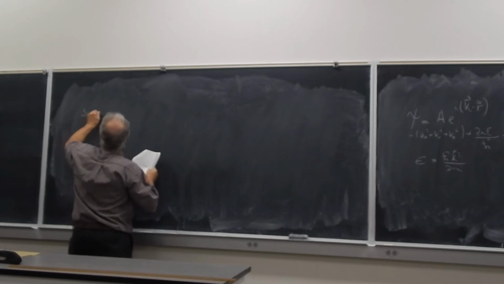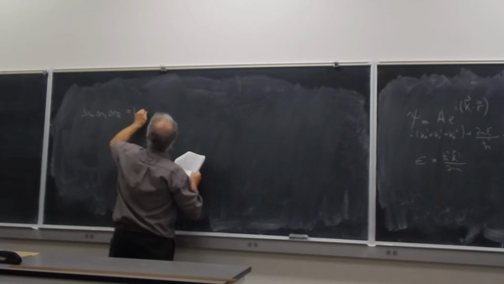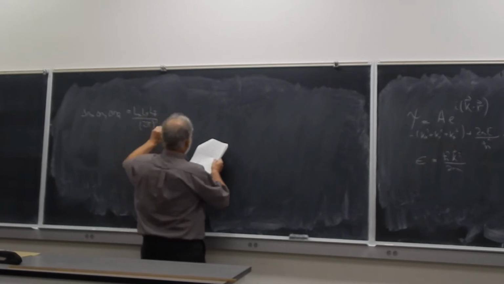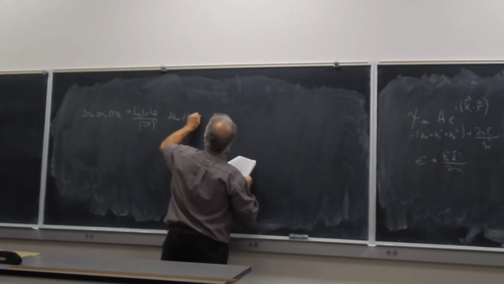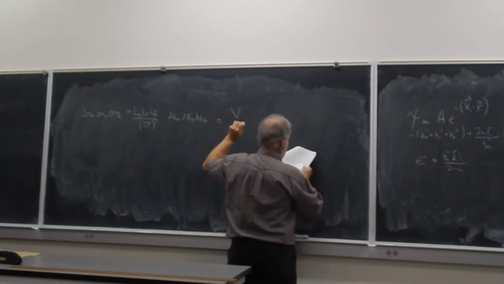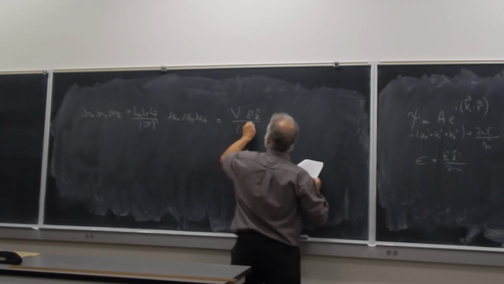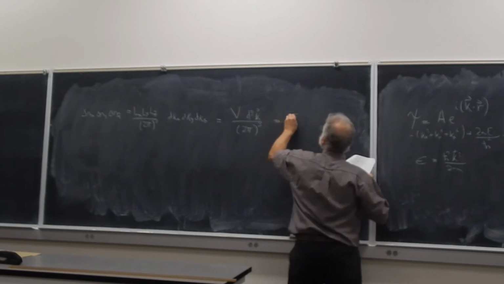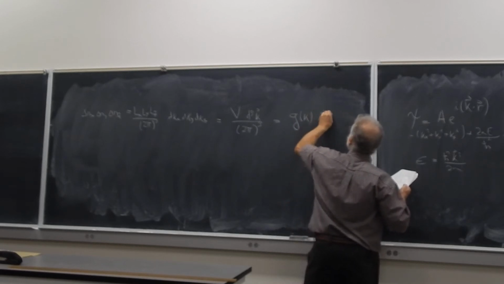Δnx Δny Δnz is just (LxLyLz/(2π)³) dκx dκy dκz. LxLyLz is a volume, so d³κ divided by (2π)³. This is what we call the density of states, g(κ) d³κ.